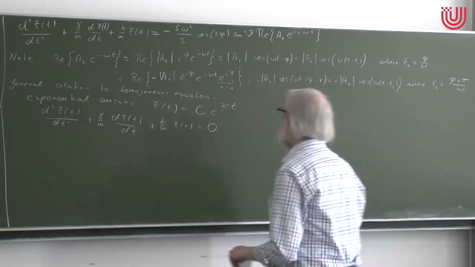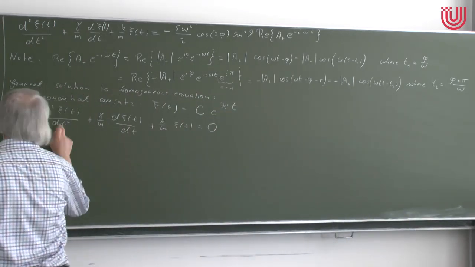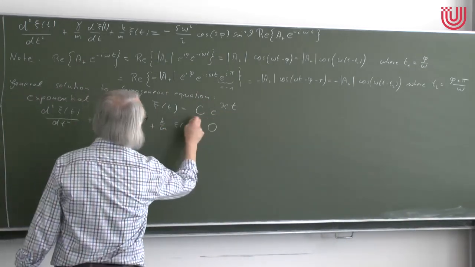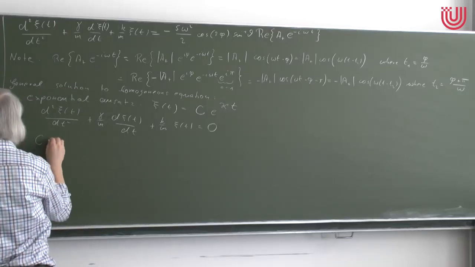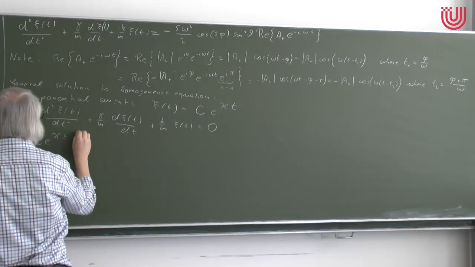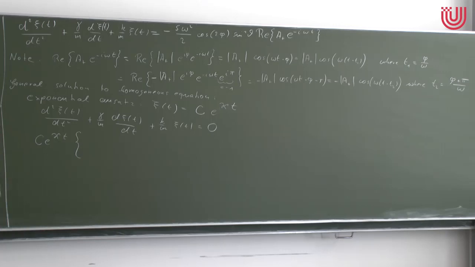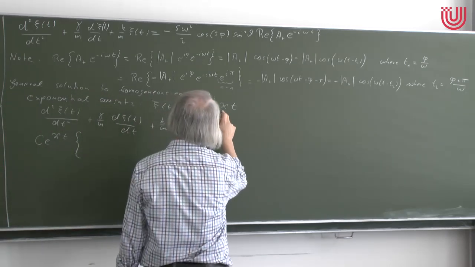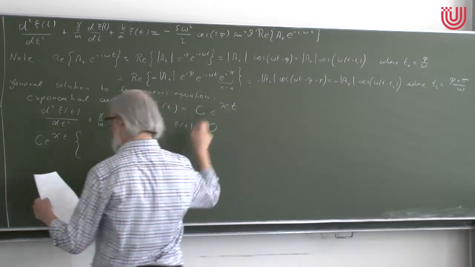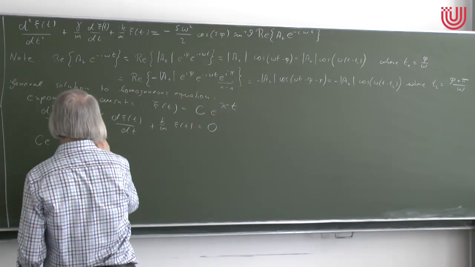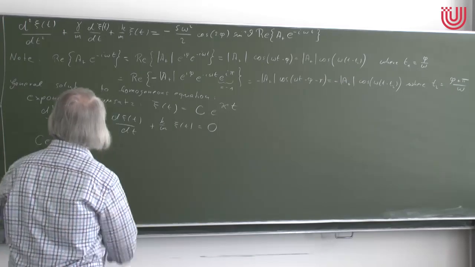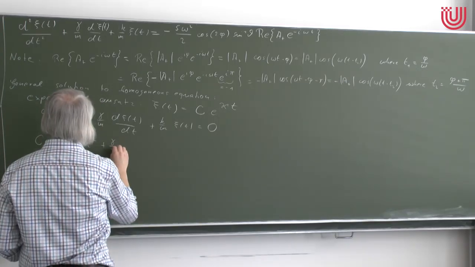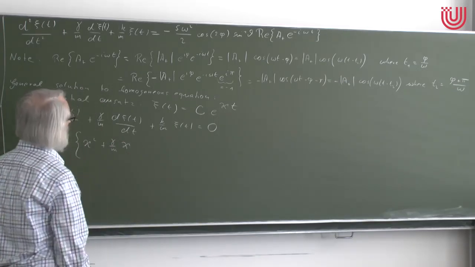Okay, so whenever I take a derivative, the exponential function reproduces itself. So I get this factor in front of everything. The first derivative gives the factor kappa. The second derivative gives the factor kappa squared. Then plus gamma over m, first derivative gives the factor kappa.